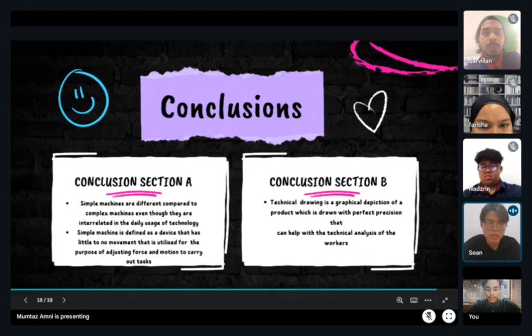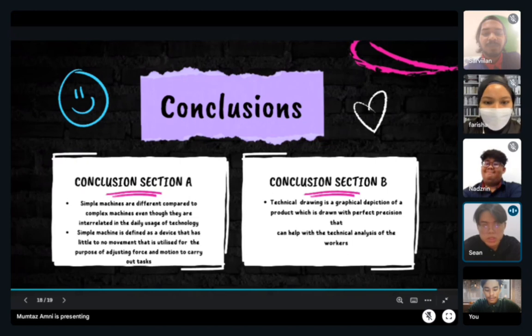Now we're going to present the conclusion for section B. Through the research on this section B, we learned about these five tools, which are technical drawing board, drawing paper, compass, set square, and rail mounted ruler.